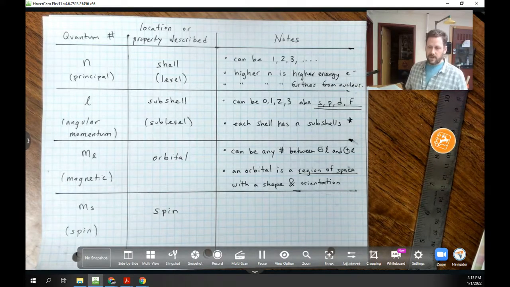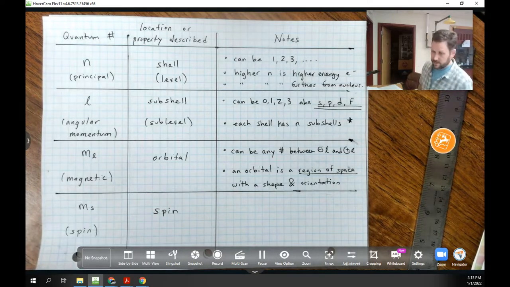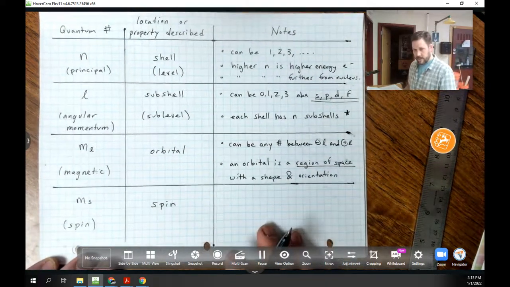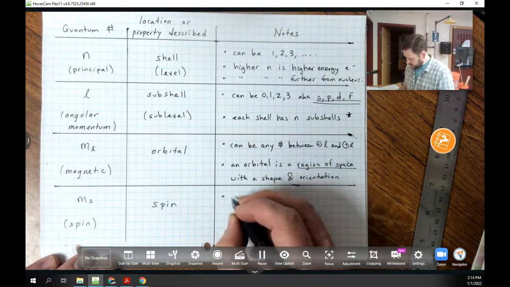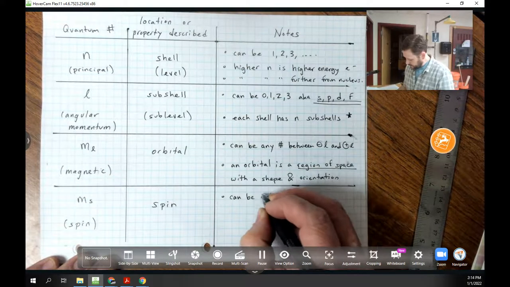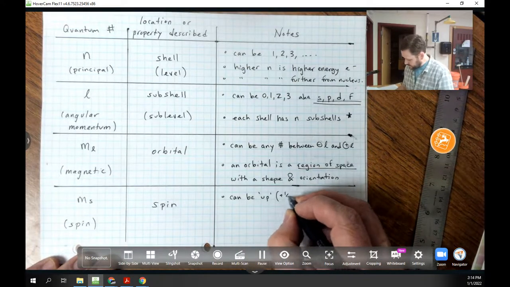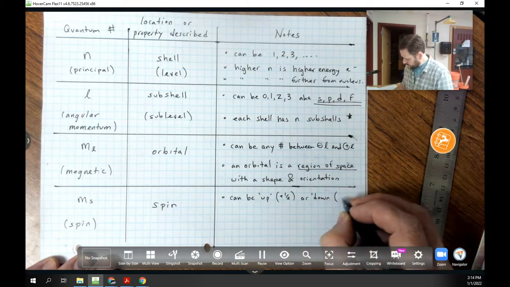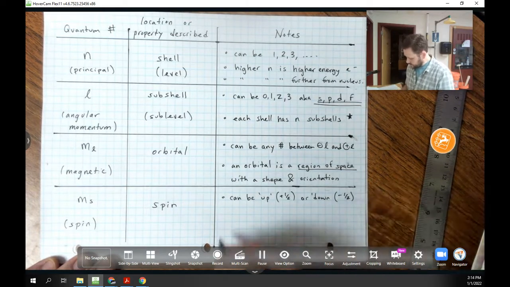Let's finish up our last level of an electron's address by describing the spin quantum number. And the spin quantum number can be either up or down. If it is up, then its value is +1/2. And if it is down, then its value is -1/2.